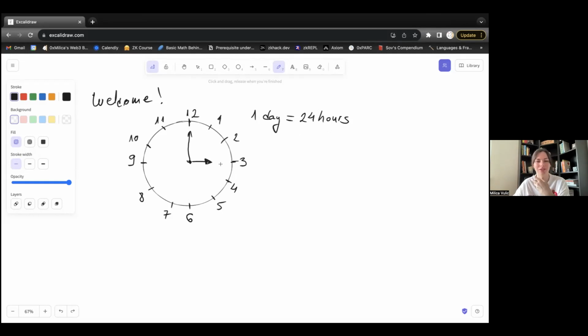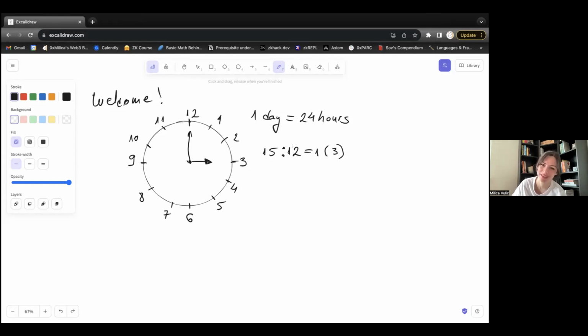We do that using modulus, actually. So we want to divide 15 by 12. And in the world of whole numbers, that would be 1 with residue of 3. That residue we take as a modulus.